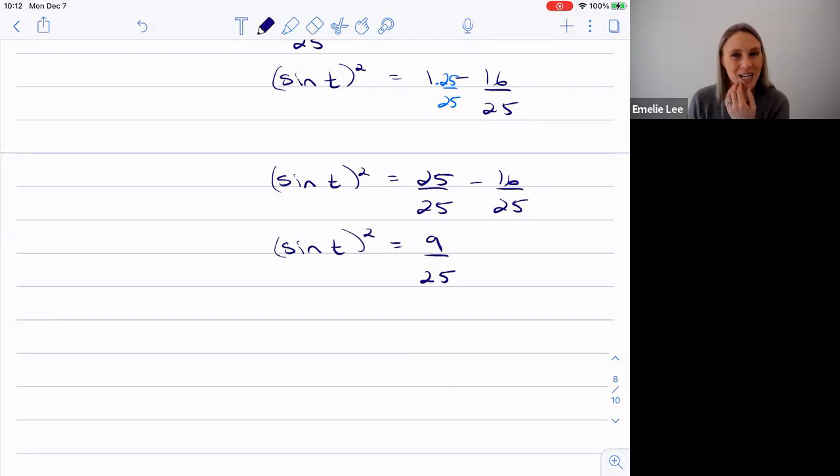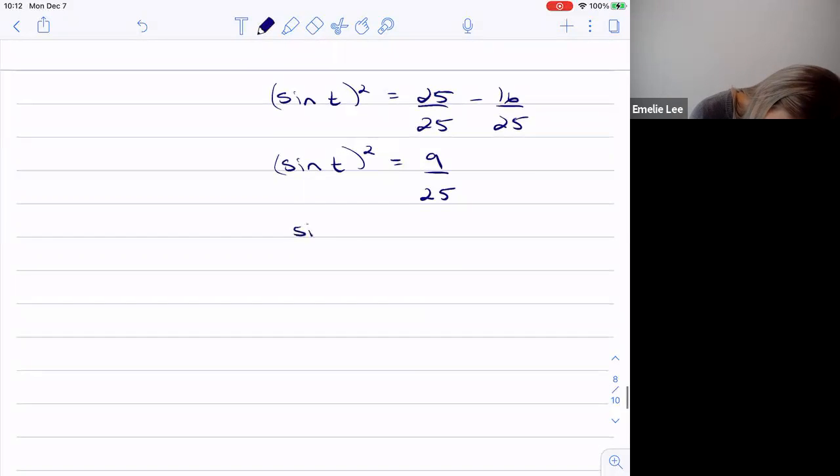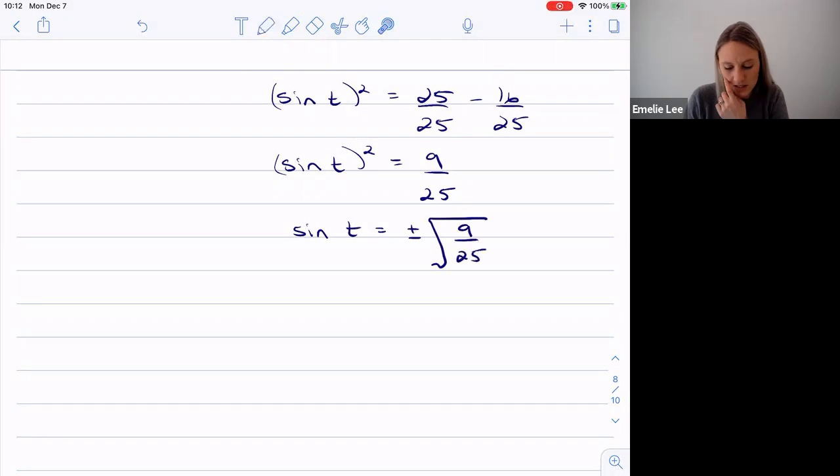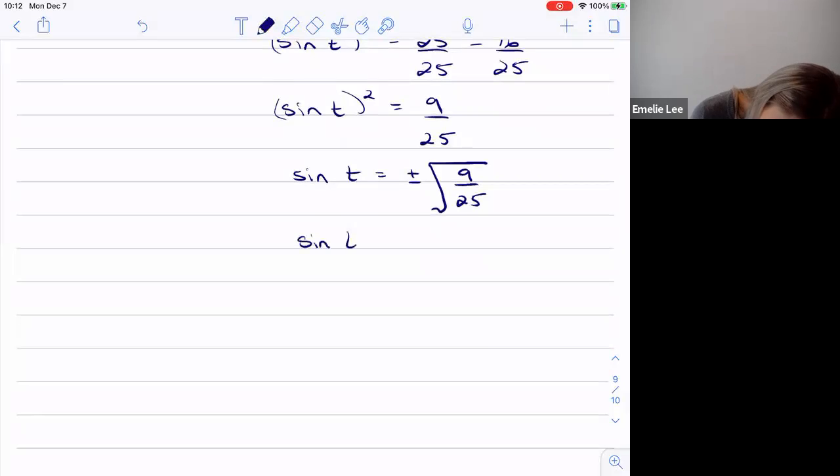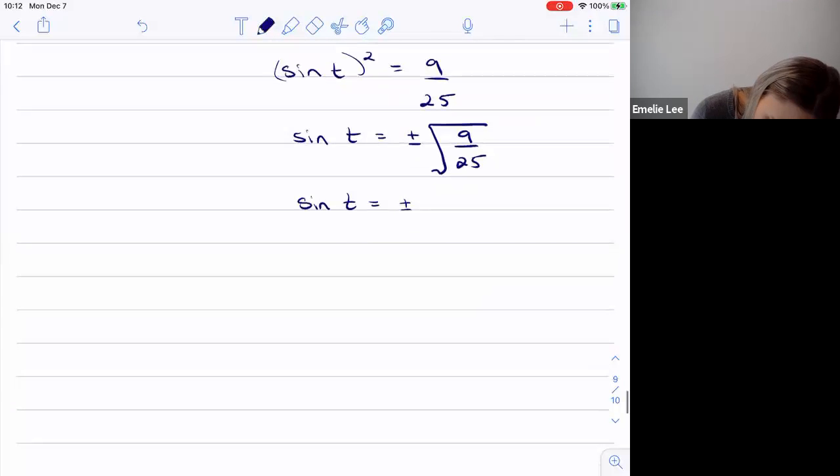9 over 25 is sine t squared. All I have to do now is take the square root. But just remember, when you take the square root, you actually get the positive and the negative versions. So we get sine t is the plus minus the root of 9 over 25. What's nice is this root is going to pull in over the 9 and the 25 and simplify to something nice. So sine t is the plus minus of 3 over 5.